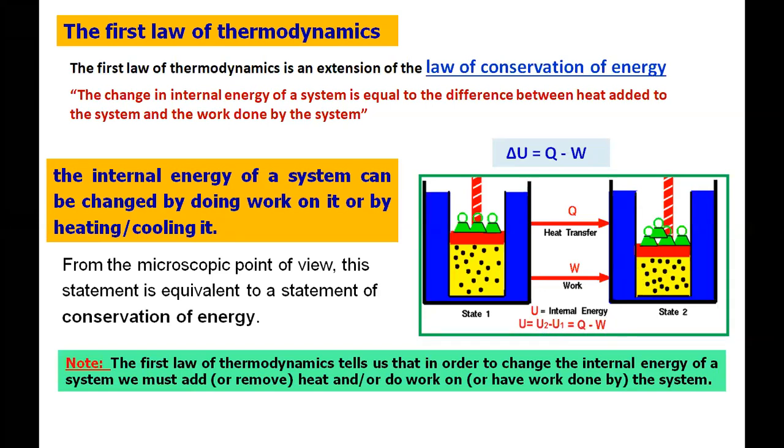So note, the first law of thermodynamics tells us that in order to change the internal energy of a system, we must add or remove heat and or do work on it or have work done by it. So these are two important statements: do work on or work done by the system.